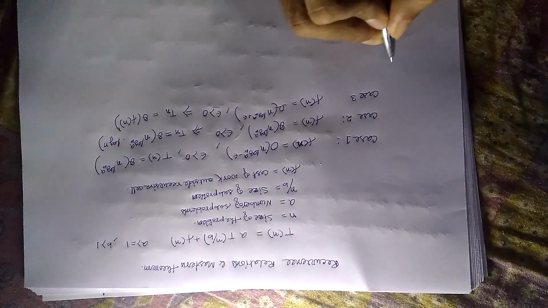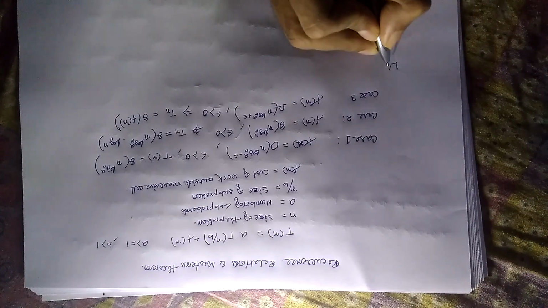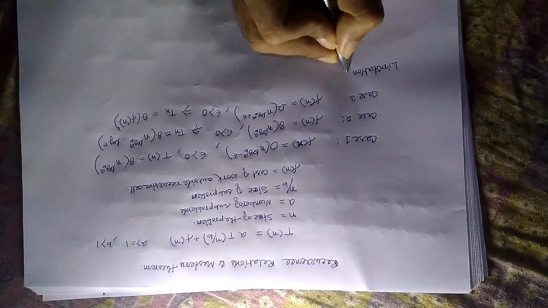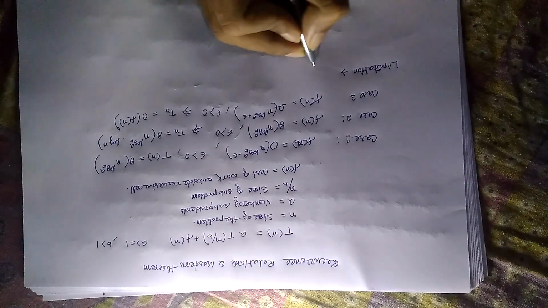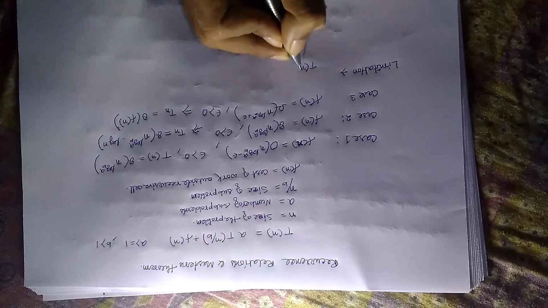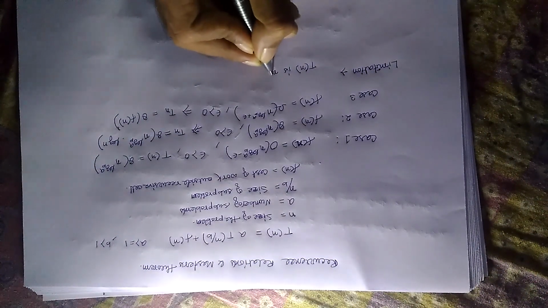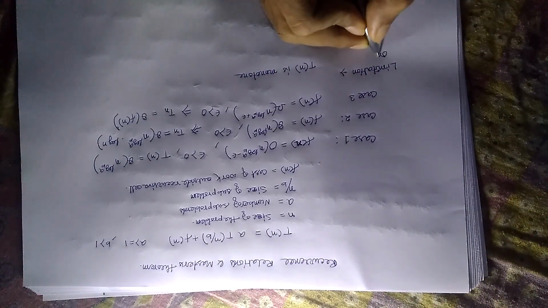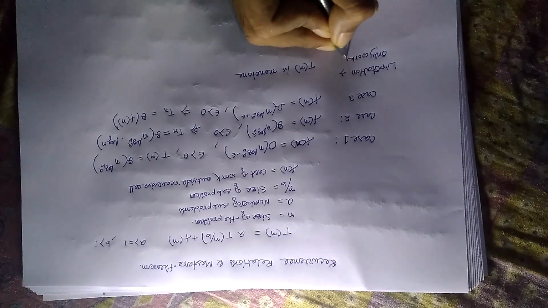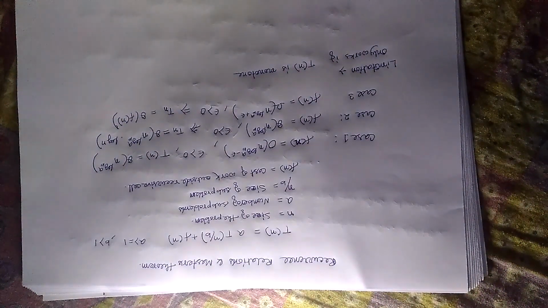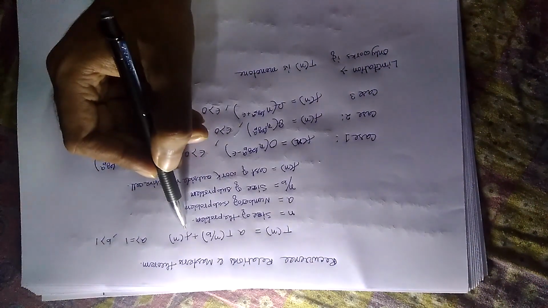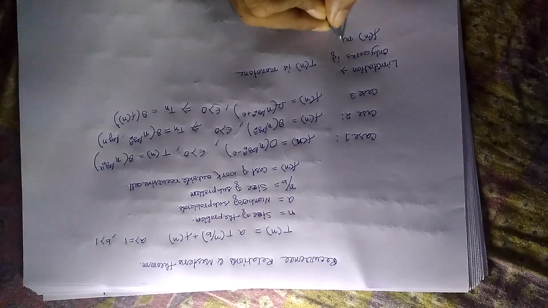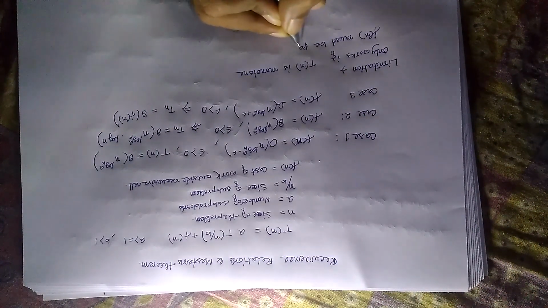So limitation 1: it only works if T(n) is monotone, and this function f(n) must be polynomial.